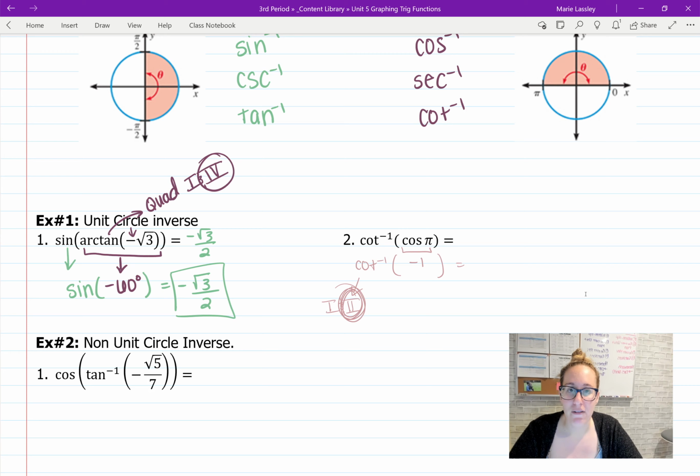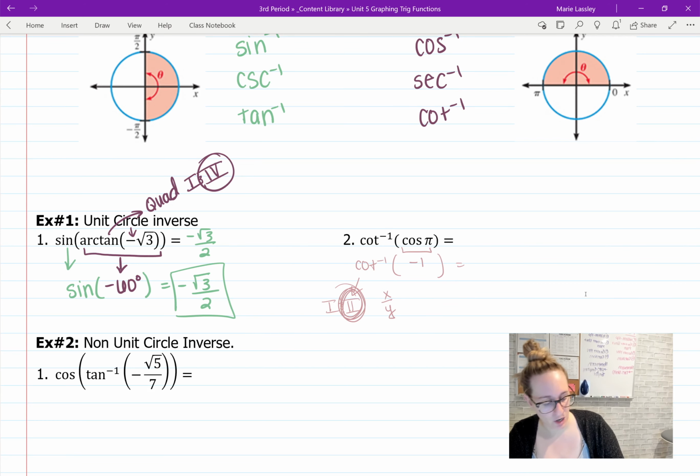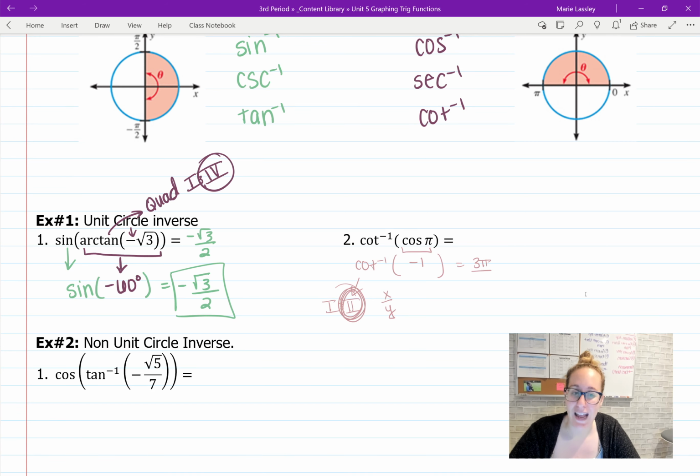All right, so I'm looking for an angle that has a cotangent value, which cotangent is x over y, that simplifies to negative 1. These are going to be your 45-degree angles. So in the second quadrant, my 45-degree angles, or my pi over 4 angles, are 3 pi over 4. So 3 pi over 4 is my angle that has a cotangent value of negative 1.